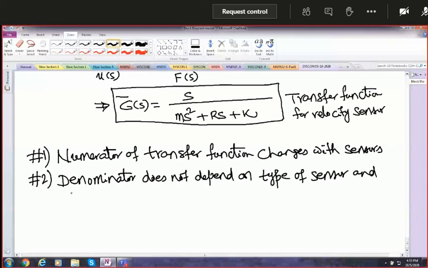Whatever input happens, whatever outputs are there, the denominator does not change. The numerator changes with sensors. We will also show that the numerator will change with the sources. So the numerator of the transfer function changes with sensors and sources, but the denominator does not change with the input.